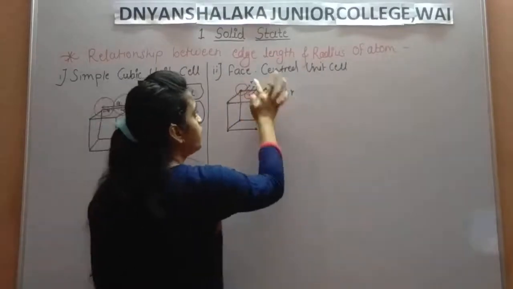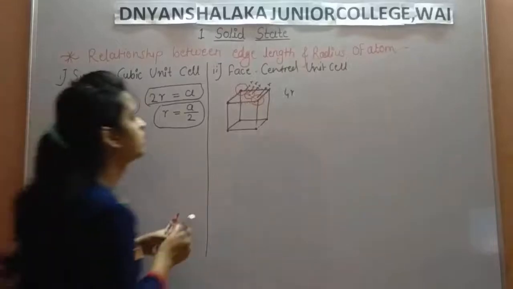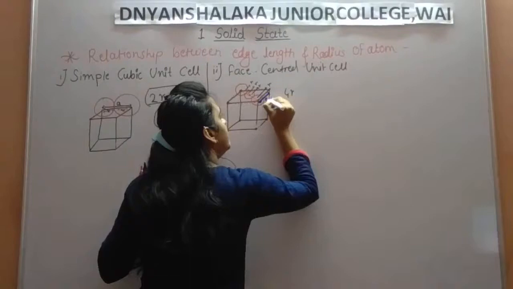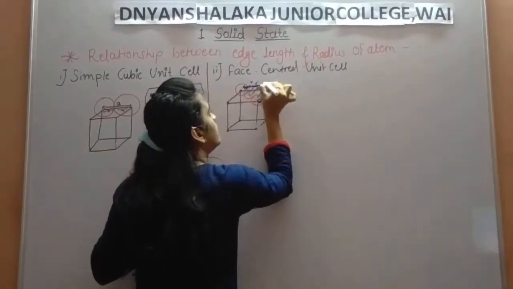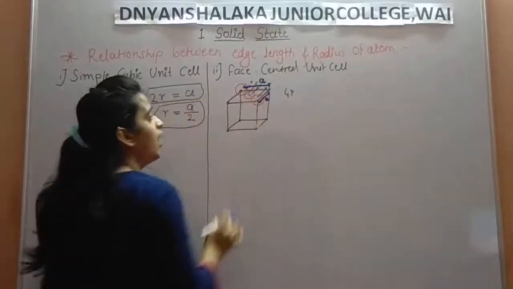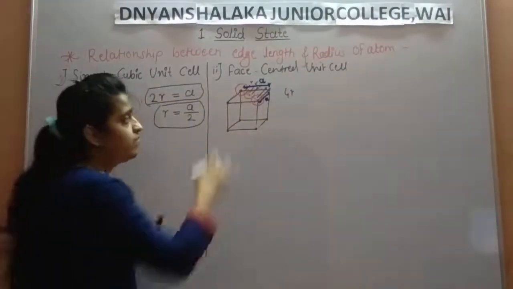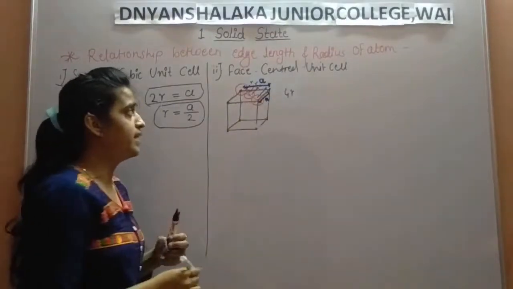This is our fourth radius. This is our first edge length A and this is the second edge length A. So the distance covered by the 3 spheres spans the first edge length A and then the second edge length A.